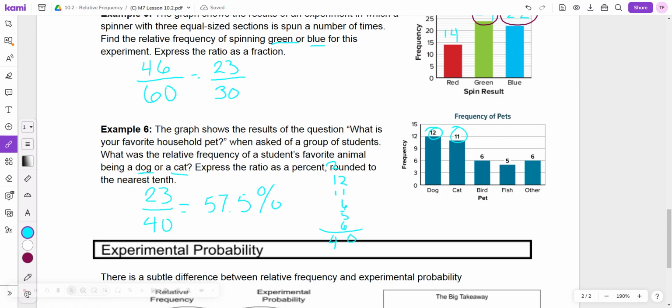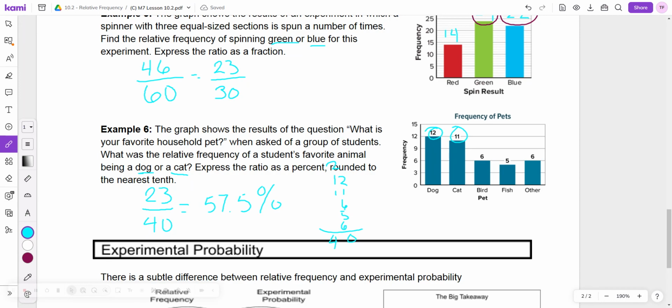Alrighty, so the first thing I wanted to do was find out how many students were asked. So I added the total number of people that said each of the different categories. 12 plus 11 plus 6 plus 5 plus 6, and that gave me 40. So 40 goes in the denominator.